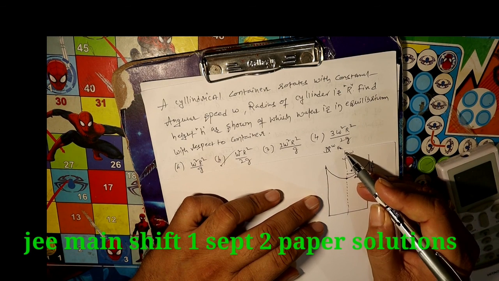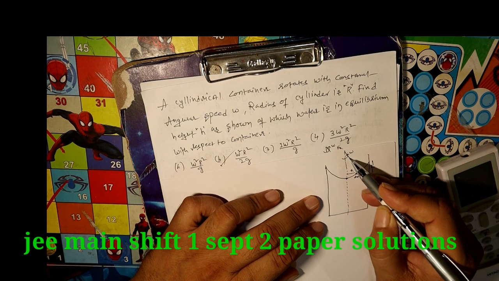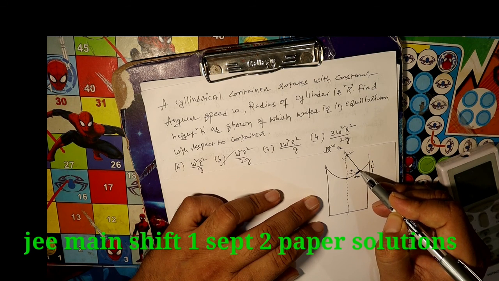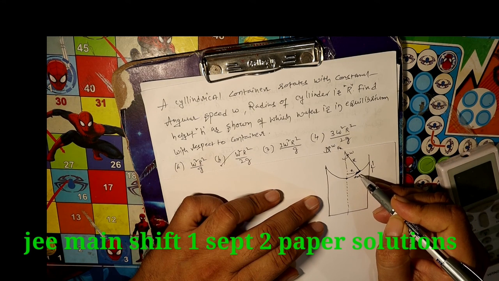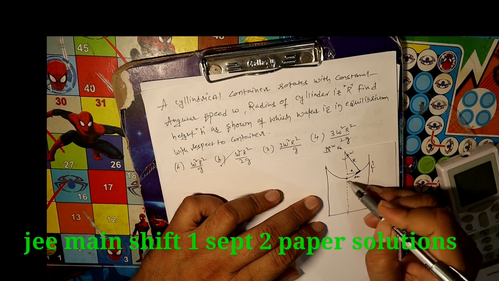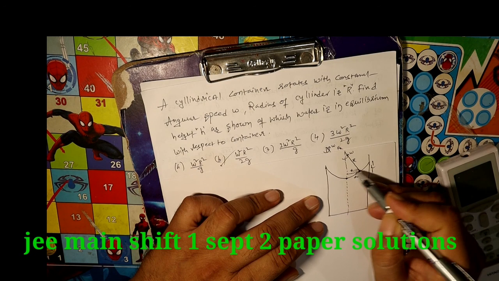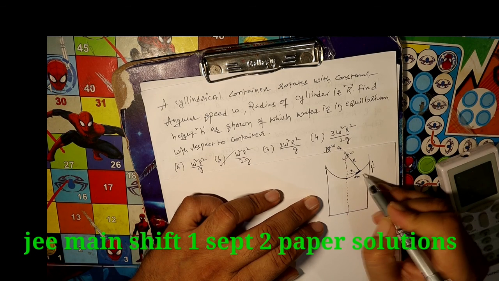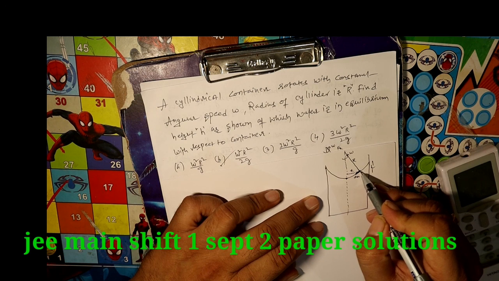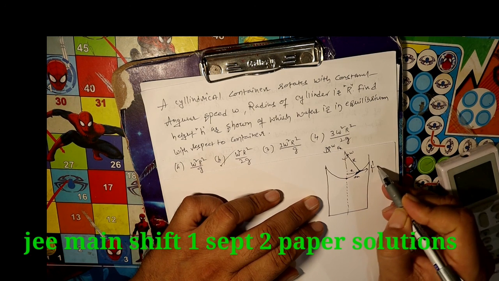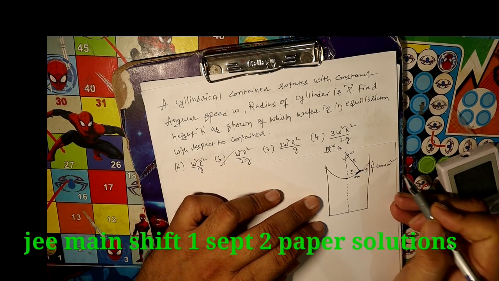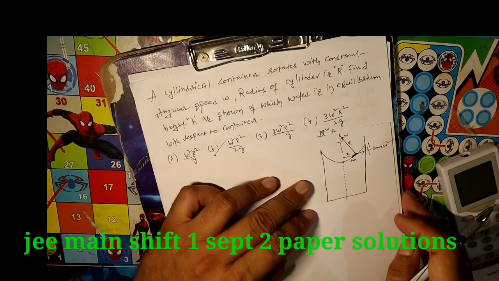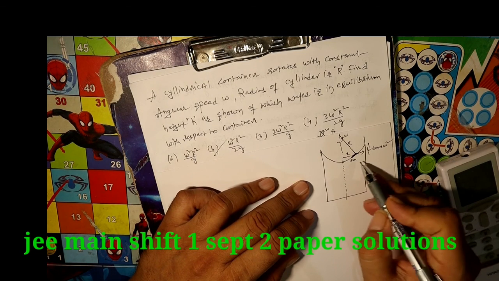And this is the radius. This small liquid element is in circular motion. The centrifugal force acting on this small element is along this direction, that is dm into x into omega square.